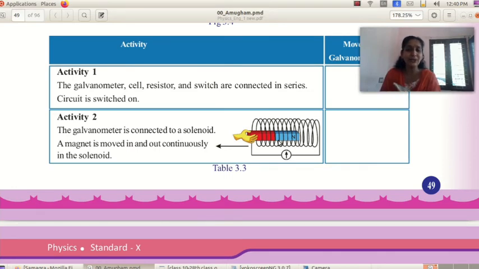So the magnitude varies. Our galvanometer shows deflection to both sides, which means the current changes its direction. So the magnitude also changes when we increase or decrease the speed of motion of the magnet or solenoid.